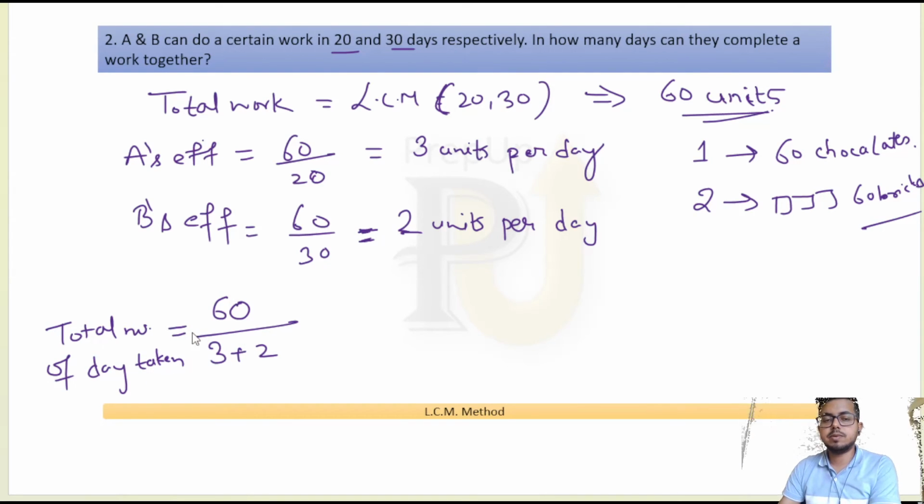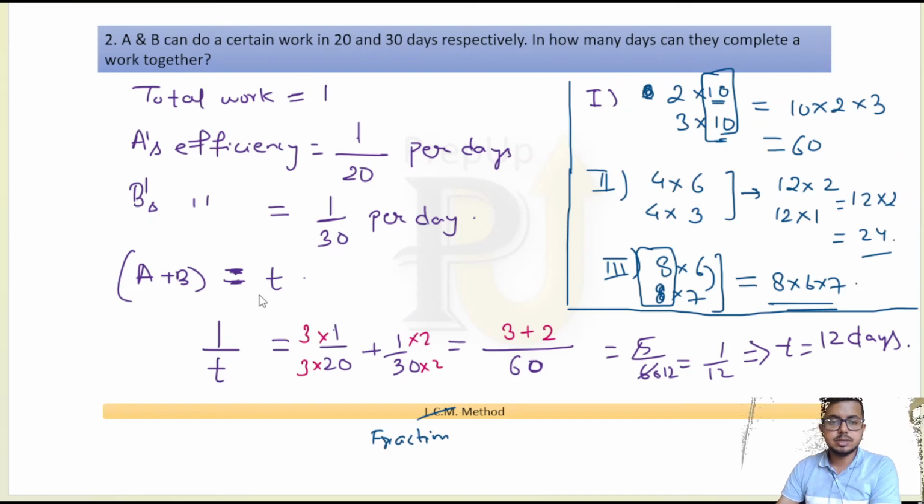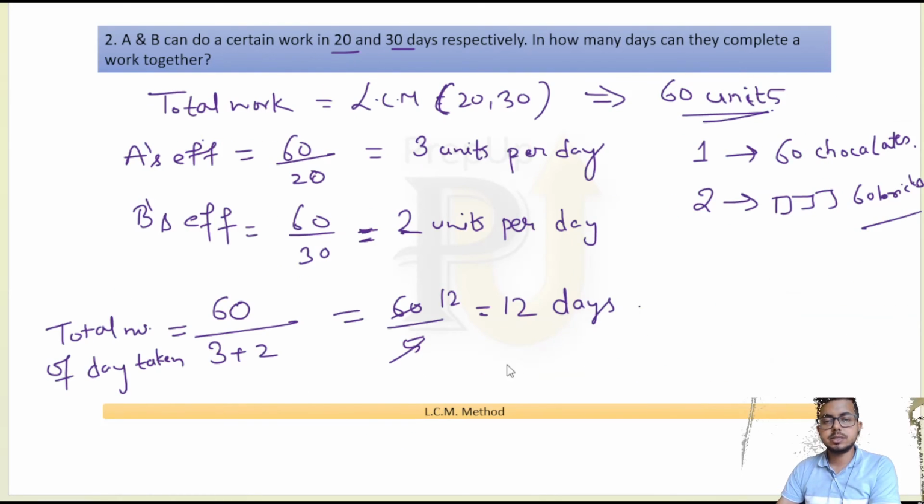Total number of days taken: 60 upon 3 plus 2, that is 60 upon 5, would be 12 days. We didn't do anything, we have just started the procedure from here. We needed to take 60 here. We have already taken 60 as the total work, and then we just divided by the efficiency in both the cases.